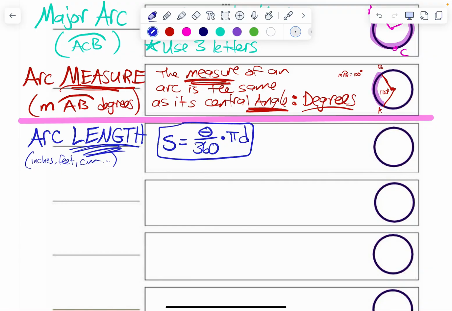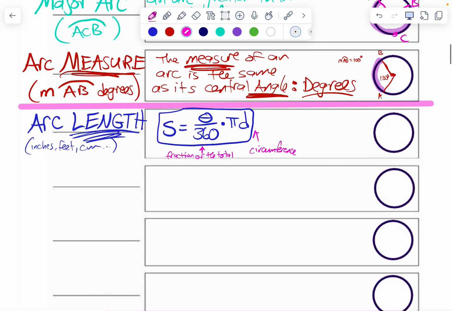Okay, there's your formula for it. And let's go ahead and describe what the pieces are. That piece is the fraction of the total. And this piece is the circumference. It makes sense when you see the formula, hopefully, right?